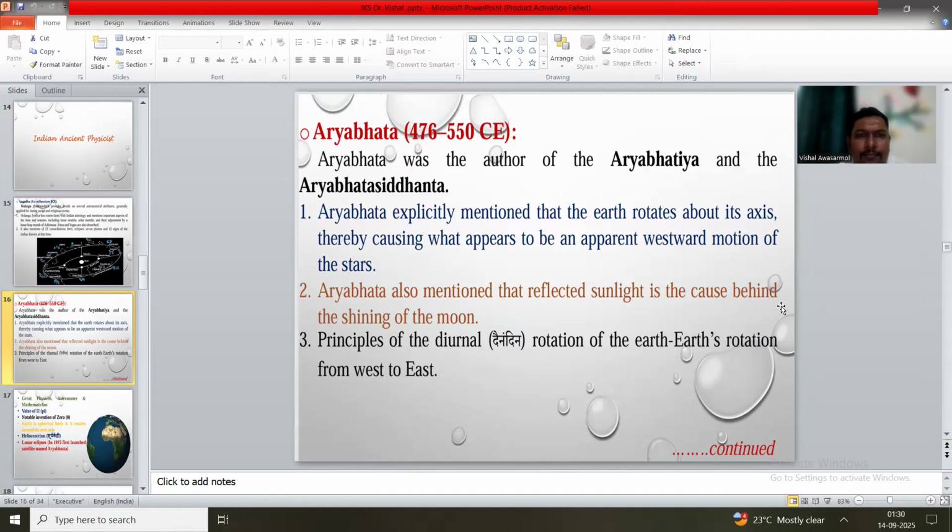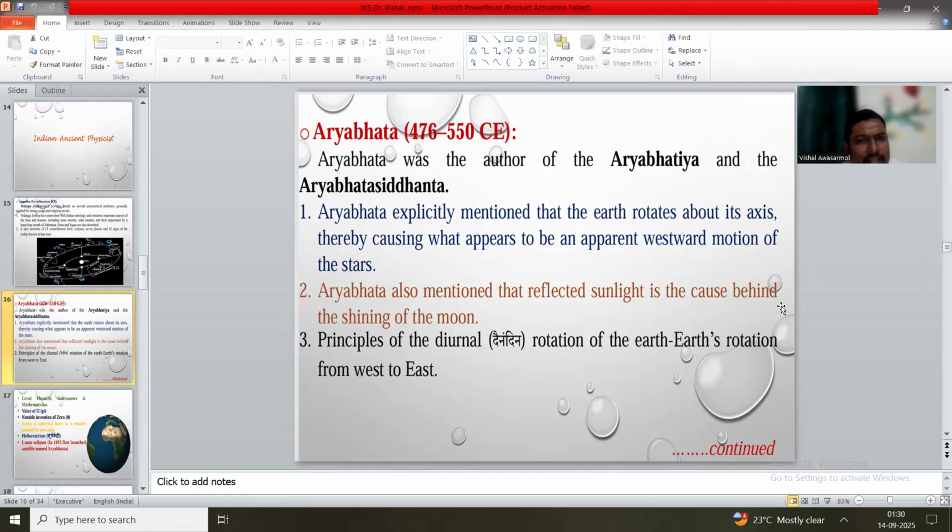Next, Aryabhatta. Aryabhatta was the author of Aryabhatiya and the Arya Siddhanta. Aryabhatta explicitly mentioned that the earth rotates about its axis, thereby causing what appears to be an apparent westward motion of the stars.